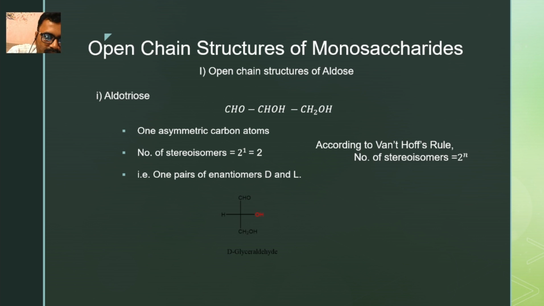If we draw the structure of this, then again we observe that in this Fischer projection formula, the aldehyde group is placed at the top and the CH2OH group is placed at the bottom, and therefore this is the second carbon atom, and in this the OH group is present on the right hand side, and therefore it is the D isomer.